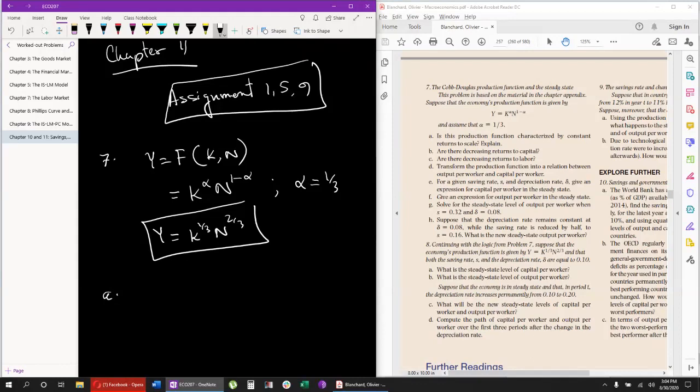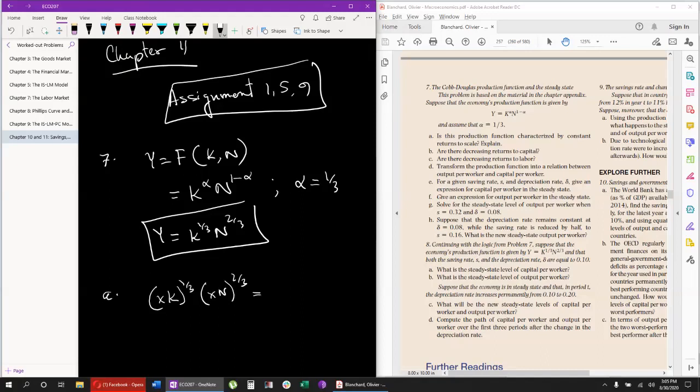Let's take x, any number, and we multiply k with x, 1 by 3, x times n, 2 by 3. So what we're doing is we're increasing both k and n x times. What does that give us?